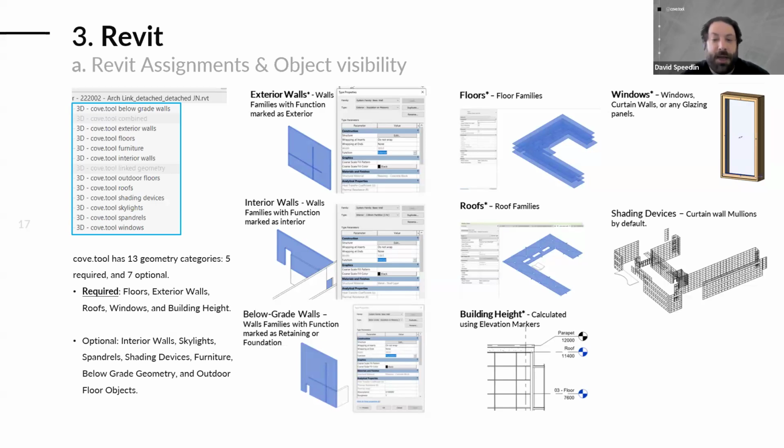So being able to check your views before exporting is important, because sometimes it will put elements in views that you weren't intending them to be there, and sometimes it will hide them in other views, and so you need to make sure that you have the correct geometry and the correct views. With the Revit 4 plugin, there's now a hide elements in view button that allows you to click the button when the element is selected and hide it.